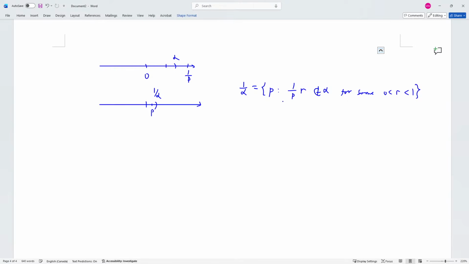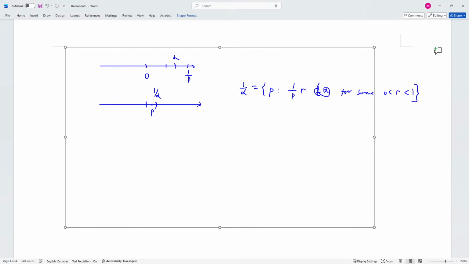So that's why we introduce this shrinking factor R. So 1 over P is not in alpha and is not on the boundary of alpha either. There is some wiggle room between 1 over P and the boundary of alpha. So we allow 1 over P to be shrunk by a factor of R. Here R is a number less than 1, and this is still not in alpha.